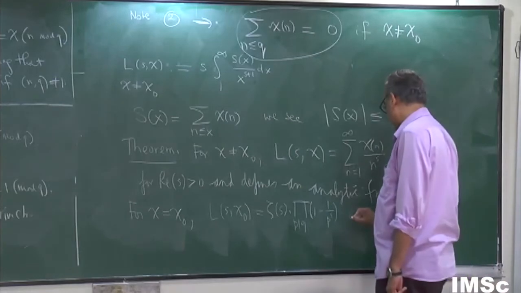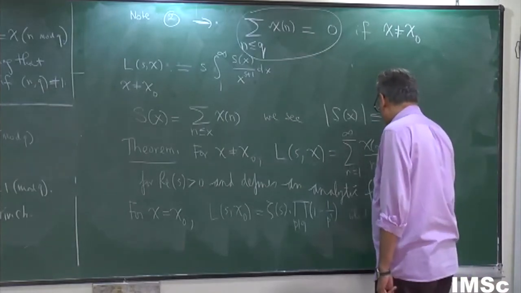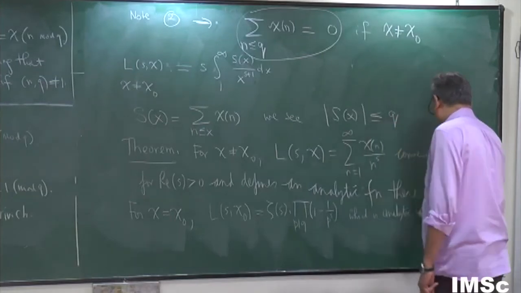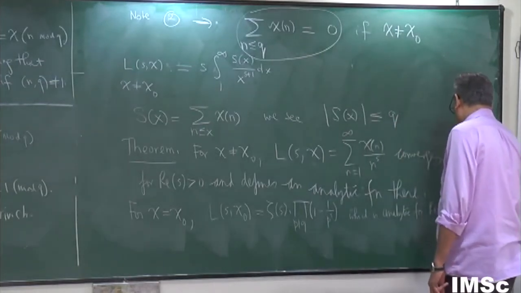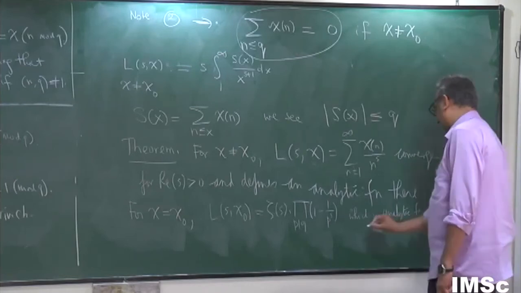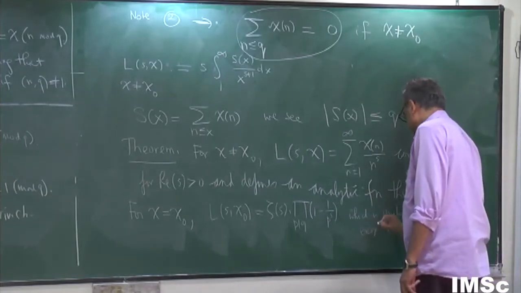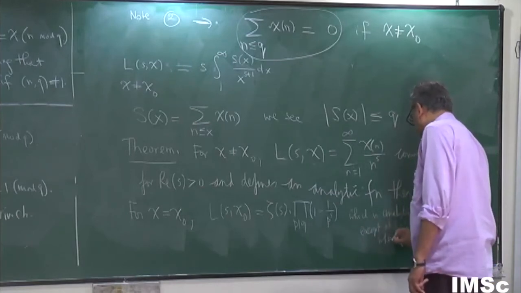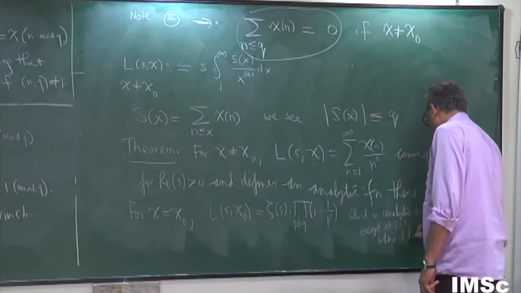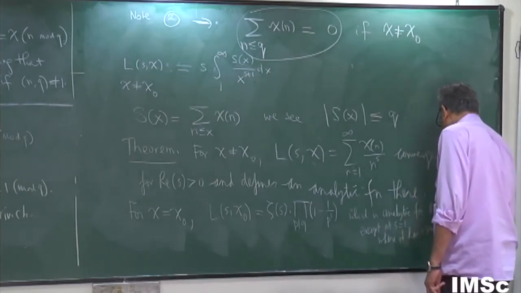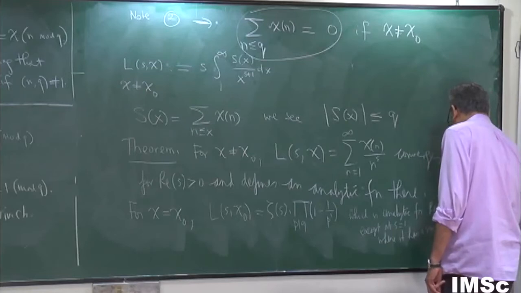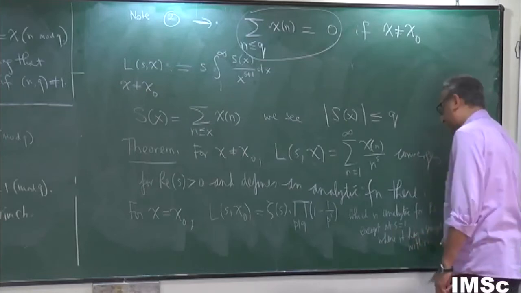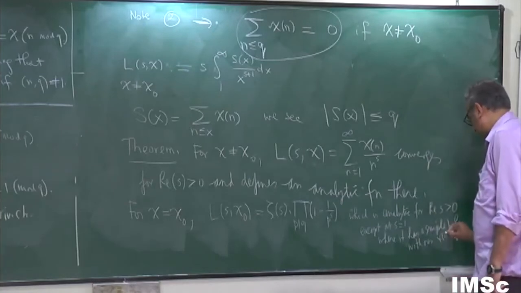So, which is analytic for real part of s bigger than 0, except at s equals 1, where it has a simple pole with residue phi of q over q, I think.